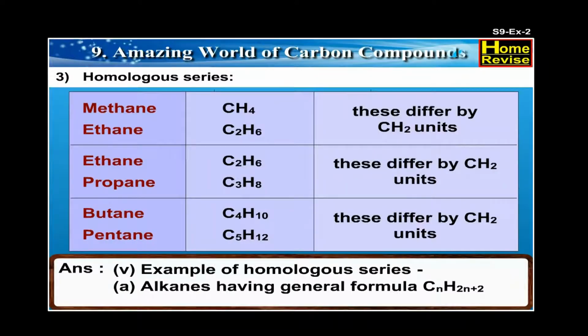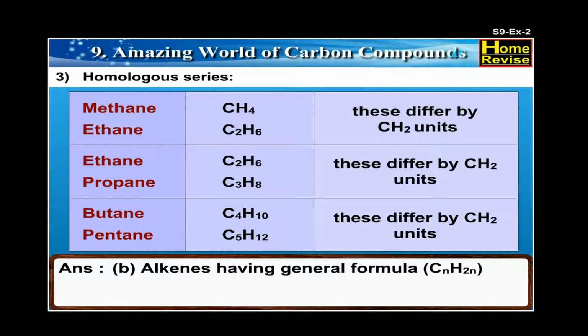Fifth, example of homologous series. A. Alkanes have general formula CnH2n plus 2. B. Alkenes having general formula CnH2n.